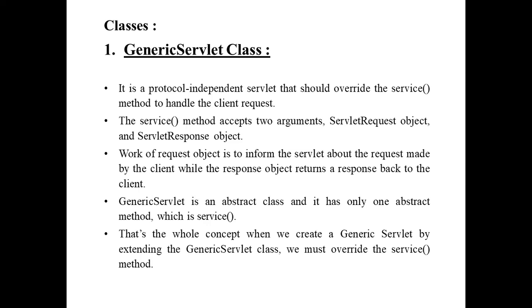So when you create a generic servlet by extending the GenericServlet class, we must override the service method. The service method accepts two arguments: first is the ServletRequest object and second is the ServletResponse object.